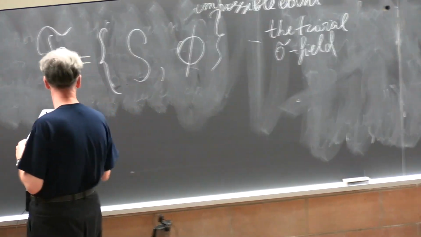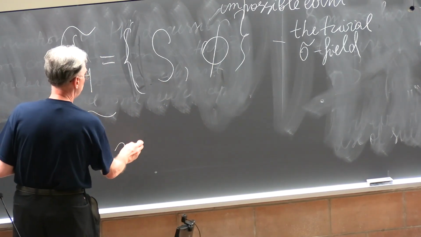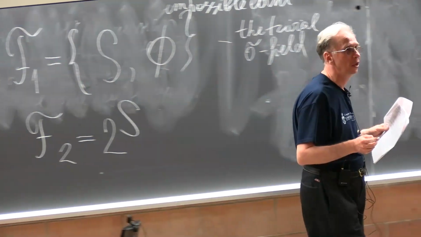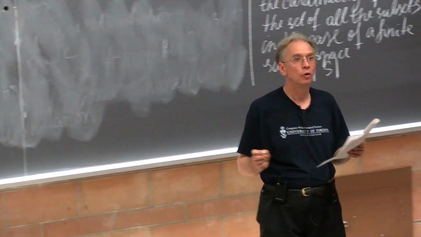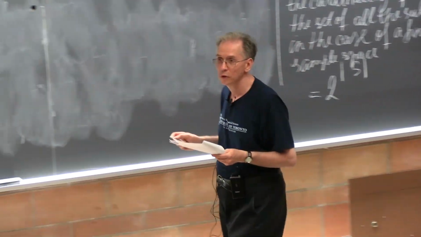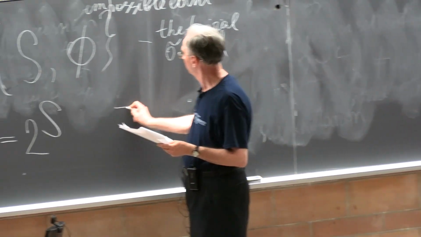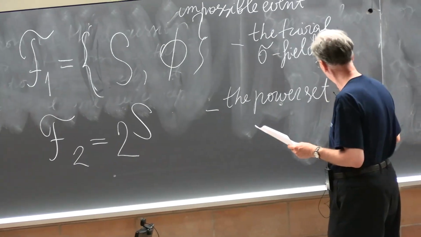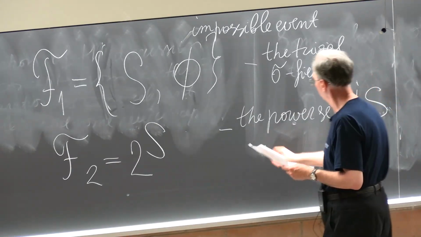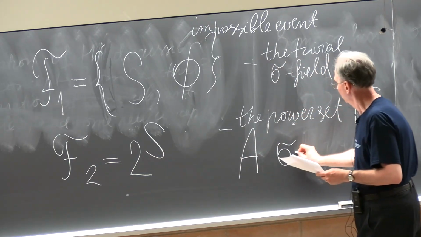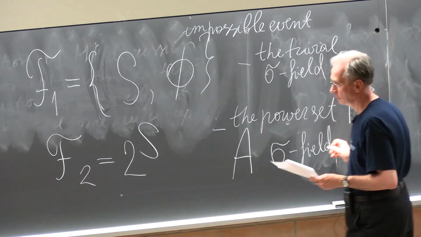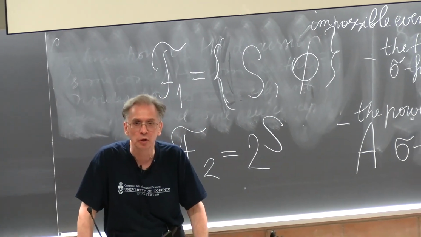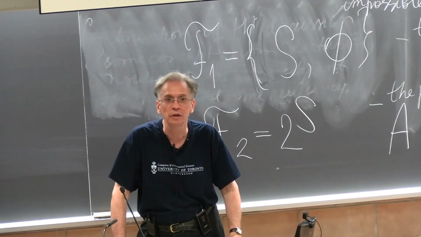Okay. Now consider script F2, which is the power set 2^S. Is it a sigma field or not? Yes. Therefore, we produced two different sigma fields.